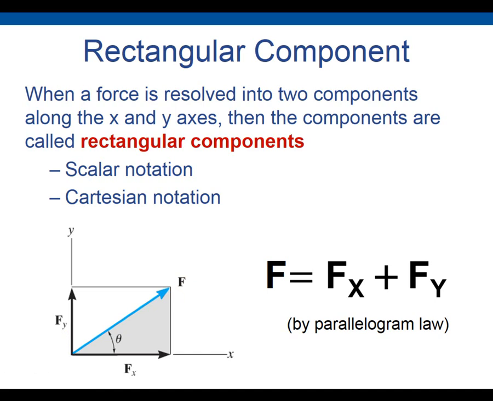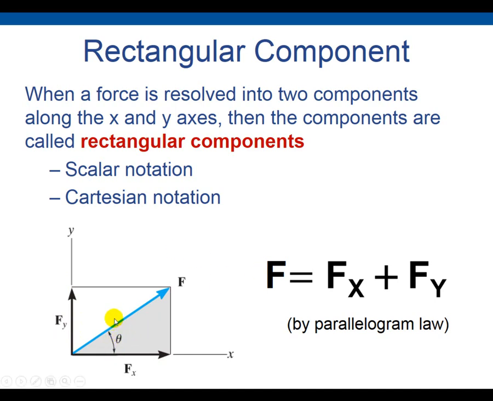This image shows the resultant force F in blue. The other 2 components, which are the rectangular components Fx and Fy, lie along the x and y axes respectively. They are rectangular. And one more thing is that there is a theta.